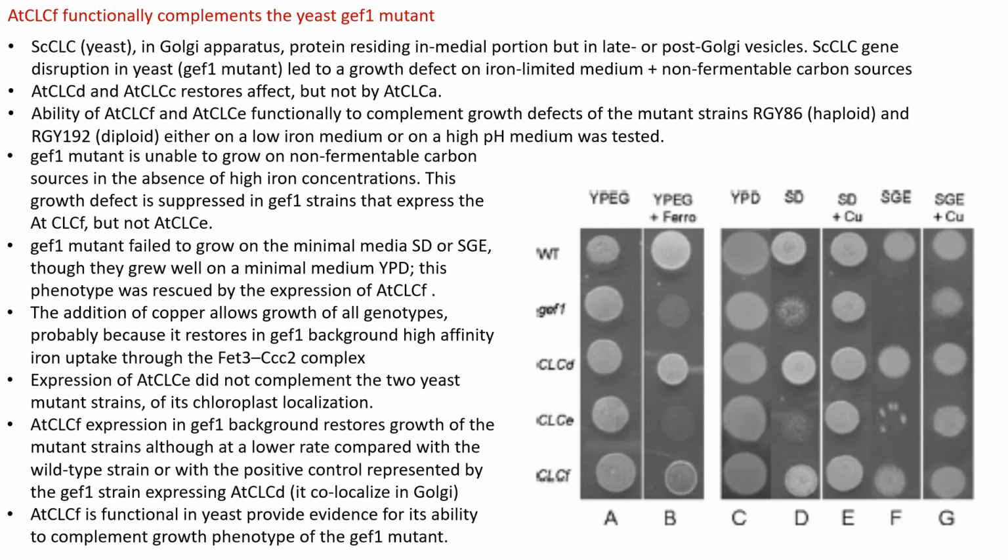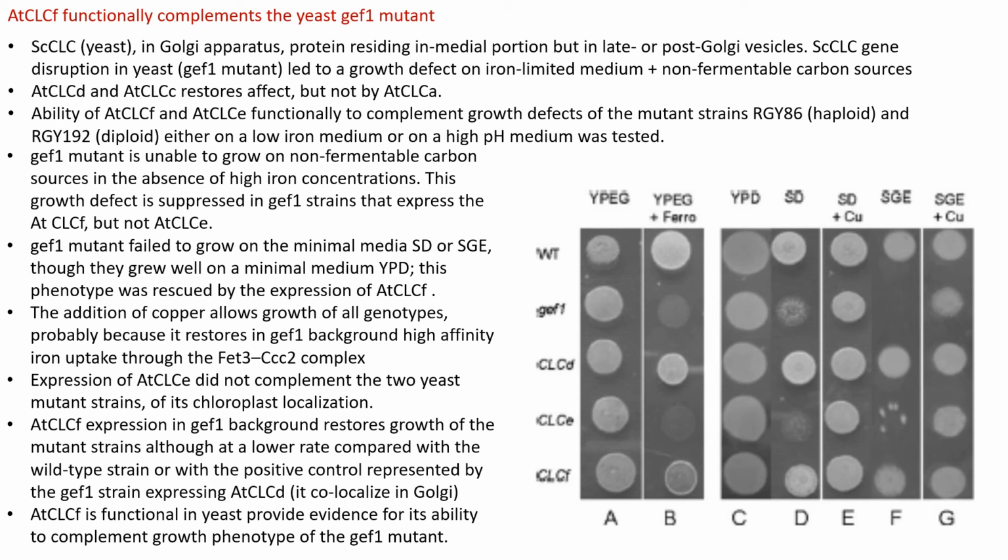Now, the wild type can grow properly all across the different kinds of systems that were provided to the organism. However, the GEF1 mutant was unable to grow on non-fermentable carbon source that did not have high iron concentration.